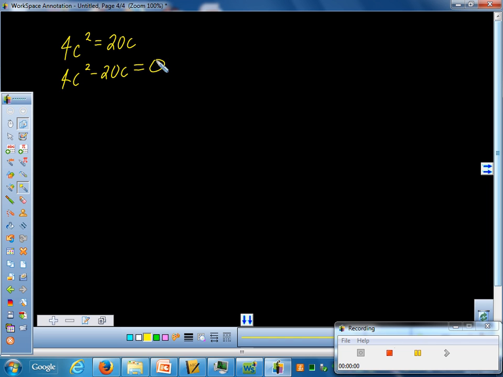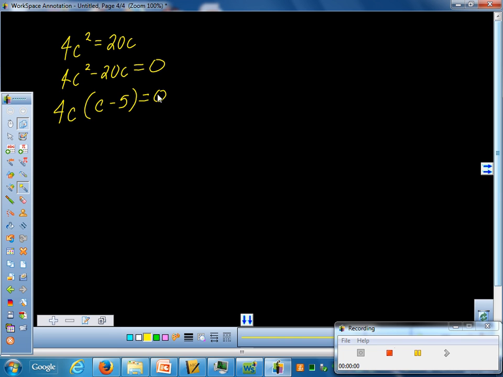So what number is in common to both? 4. And anything else? Don't they both have a c in them? So you could take a 4c out, which will leave you with c minus 5.